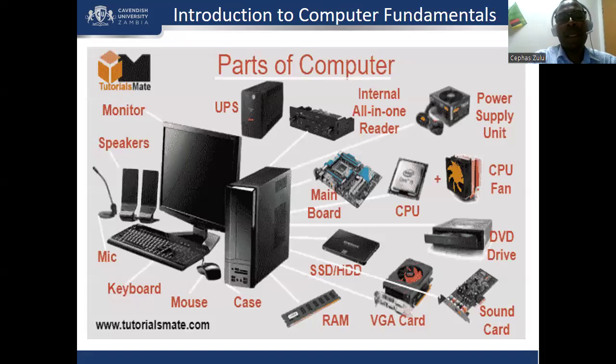For example, assuming I want to switch on this computer. When I press the on button, the system unit will have to communicate with the monitor that the user is ready to utilize the machine. Then the monitor will come on, the keyboard will also come on, and the mouse will also come on, allowing the different parts of the computer to work. From there it will run the processes, allowing me to enter the username and password.